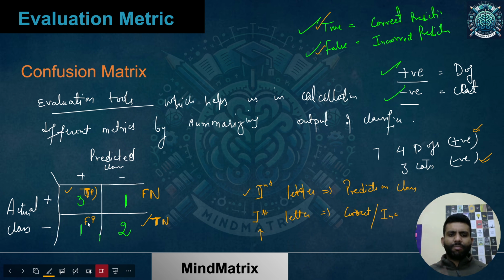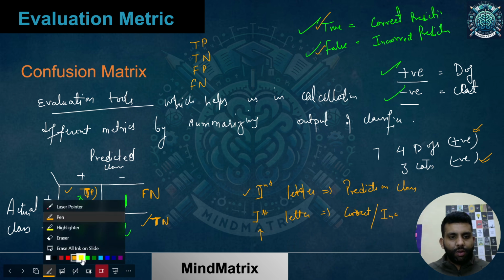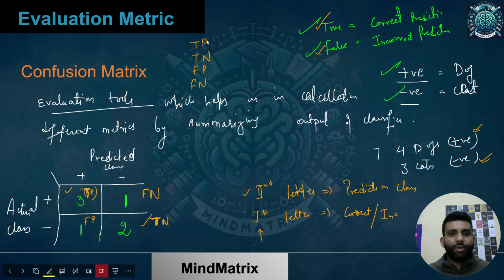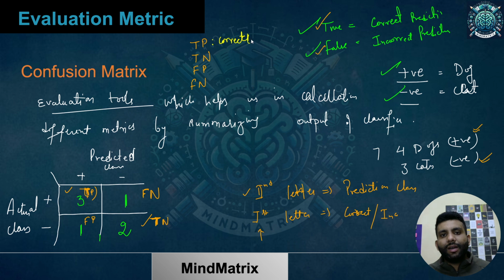Okay, that's very simple. So just to summarize again, what is true positive, true negative, false positive, and false negative. Let me write. So true positive means correctly predicted as positive class.